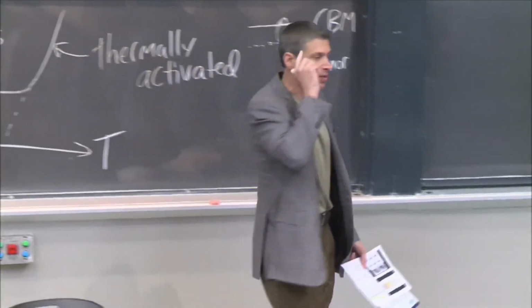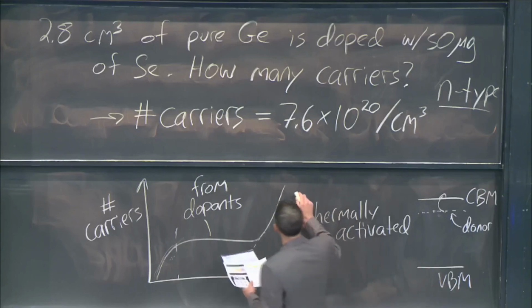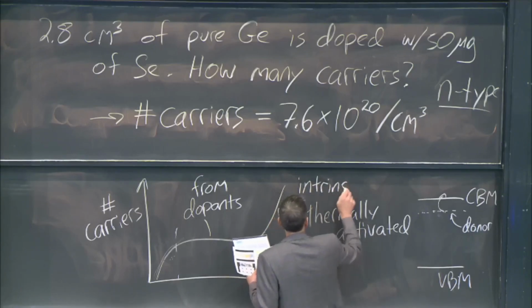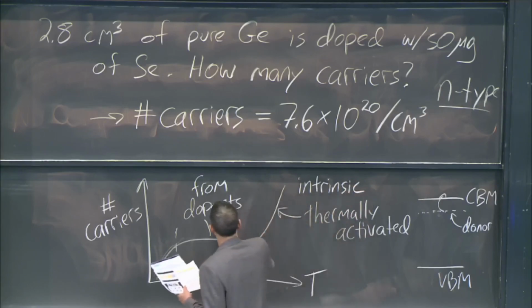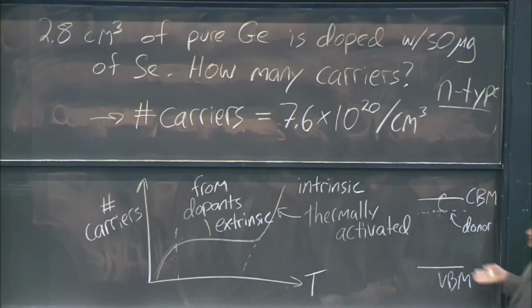And then the one other thing I want to say about this plot is that we have names for this. These are called intrinsic carriers, and these are called extrinsic. Well, that kind of makes sense. That's actually a pretty good way to name them. Because intrinsic means I didn't need to do anything.